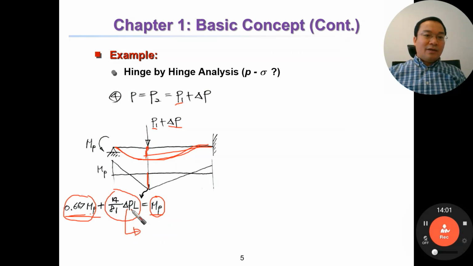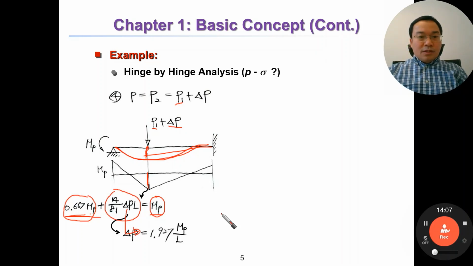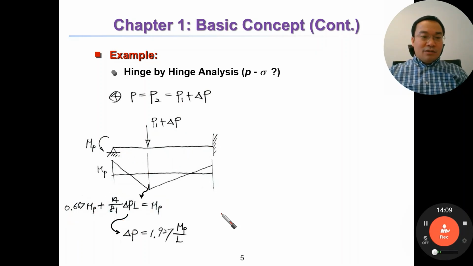We can calculate ΔP corresponding to the second hinge. Now we have ΔP equal to 1.927 MP over L. Because we use this equation, okay, then we have ΔP. ΔP now corresponds to the second hinge.